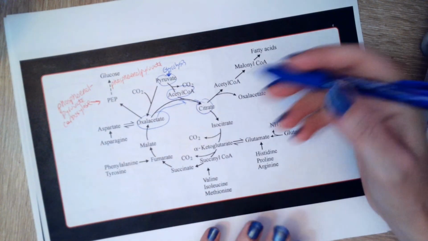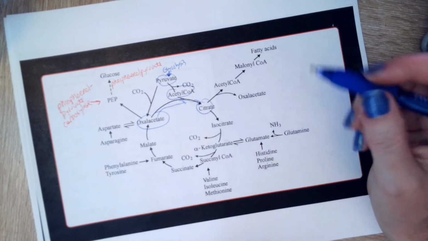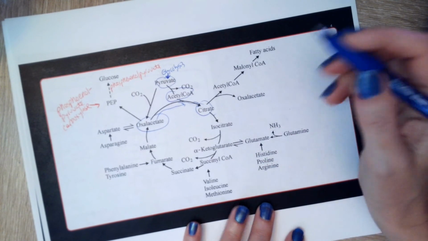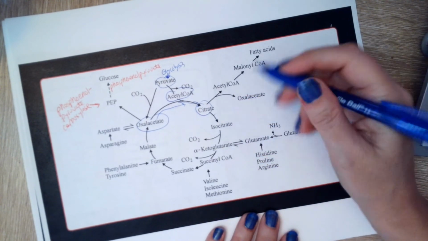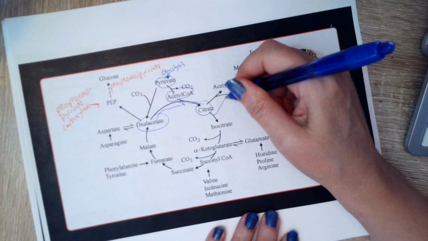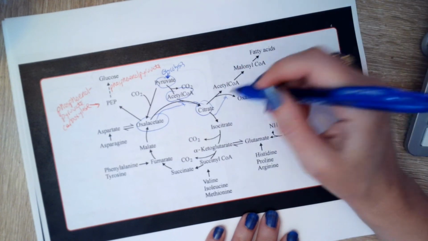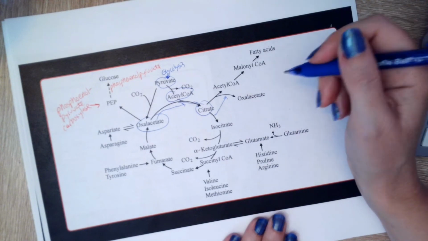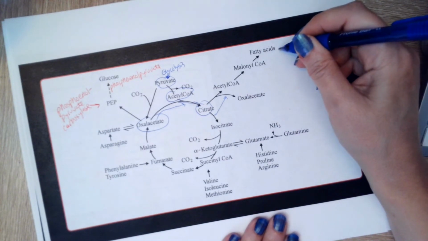And then we have some offshoots here, right? This little arrow should be a little bit past the citrate. I would put it more like that, but we can take our acetyl-CoA and feed it into fatty acid synthesis.